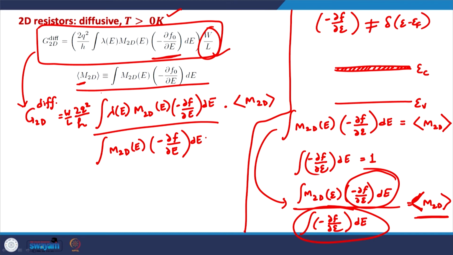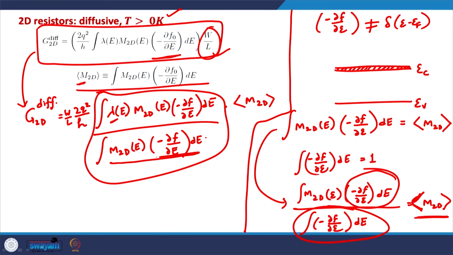If we have a closer look at this expression, it is also like an average of a function, essentially the function lambda(E), and now this average is taken over the function M2D(E) times minus del F by del E dE.